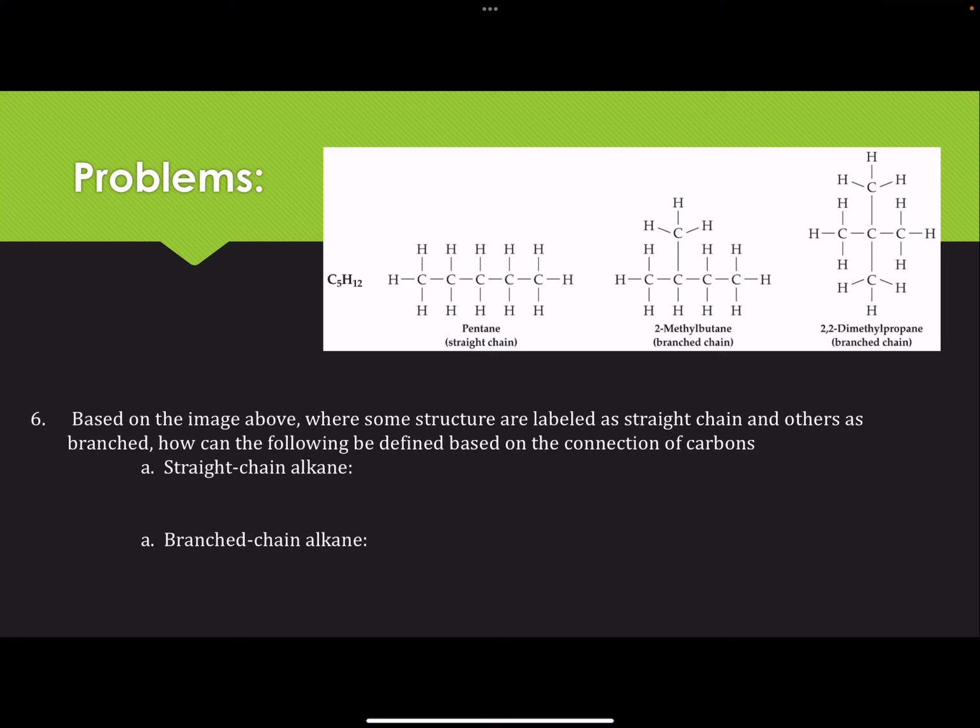If I've got a straight chain structure, what we're looking at is having all of our carbons connected in a row. Whereas our branch chain structures have 1 or more carbons branching off of a chain.